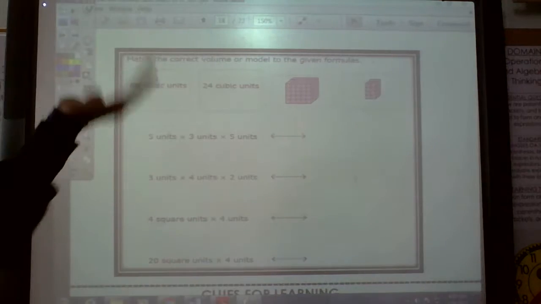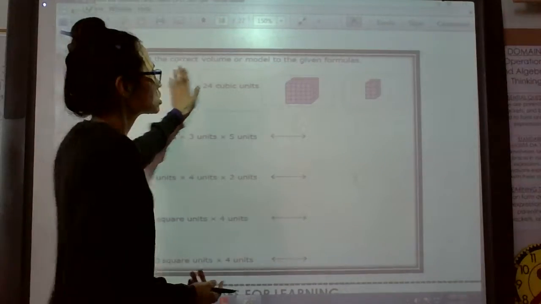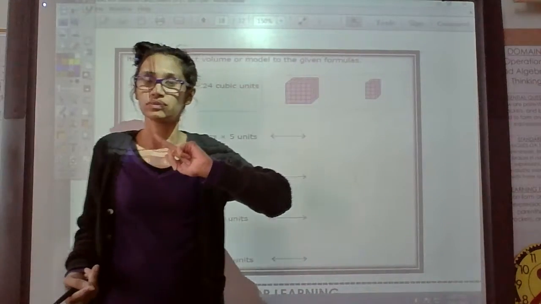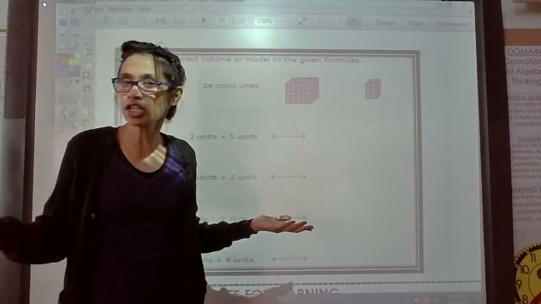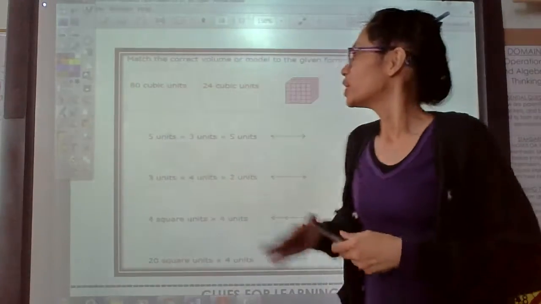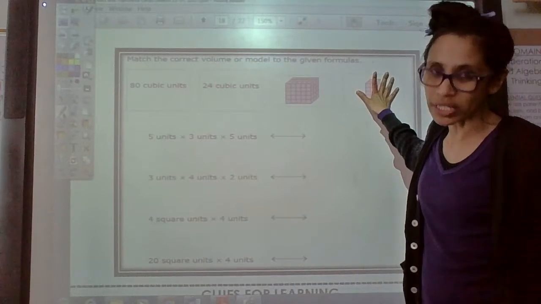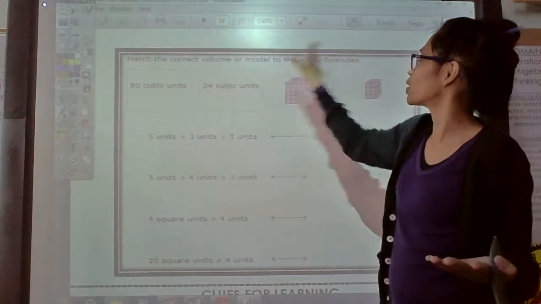Let's begin. Let's take a look at this. It says, match the correct volume or model to the given formula. Now, it may look a little bit confusing, so let me explain what you need to do. Here at the top, we have 4 different choices, 4 different volumes and models.